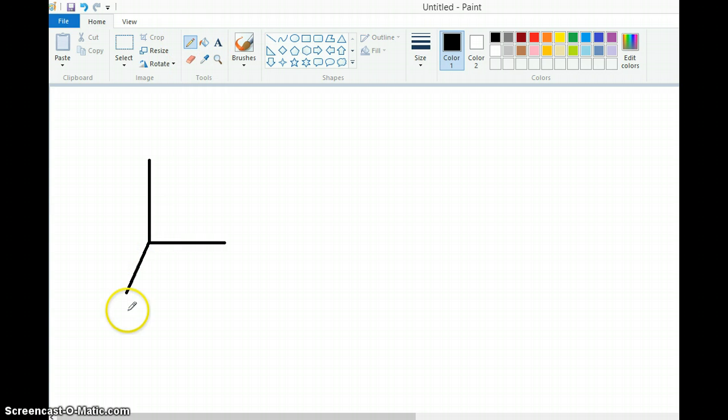So I'm going to write it down. This is x, this is y, and this is z, just for representation that I'm drawing everything in three-dimensional space.